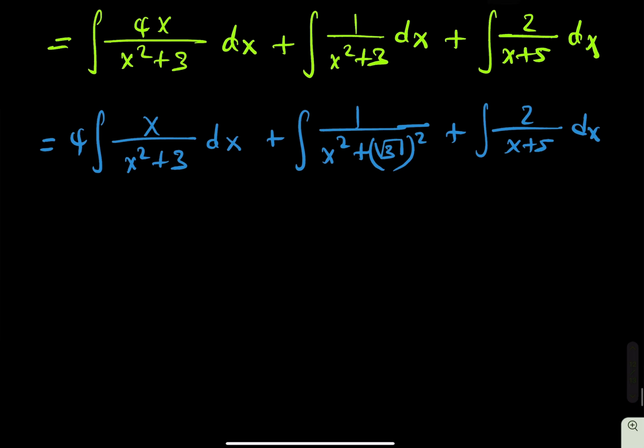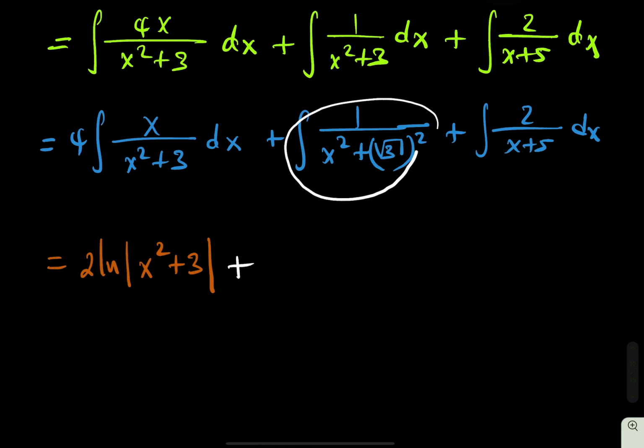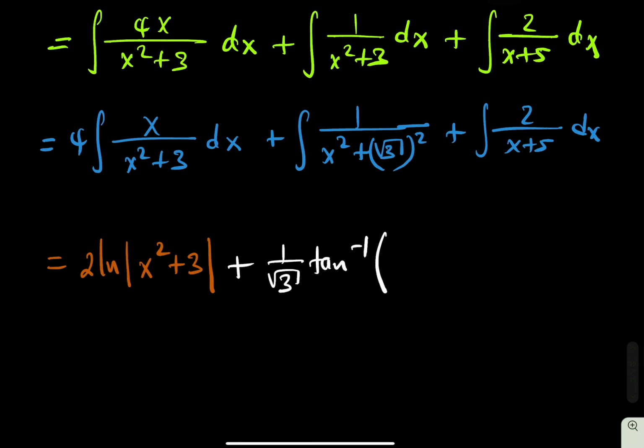If you integrate this, it's going to be half a natural log of x squared plus 3, times 4. So this should be 2 times the natural log of x squared plus 3, plus, this is the tangent identity, the arctangent, so it's going to be 1 over square root of 3 times the arctangent of x over a, which is the square root of that 3.